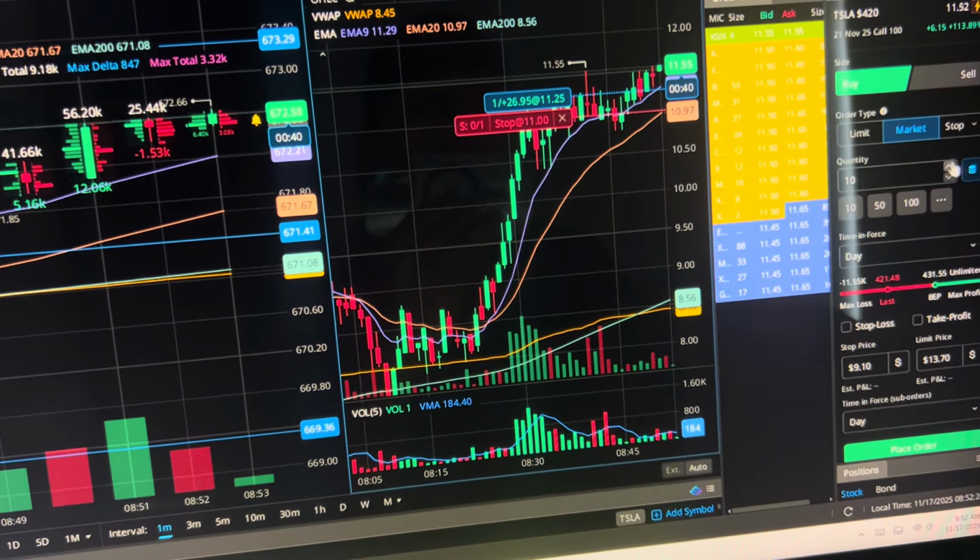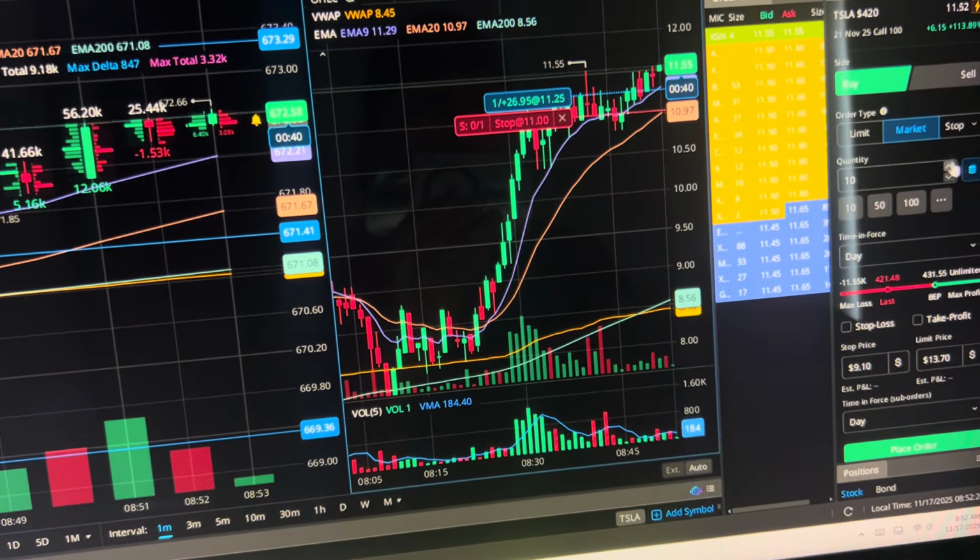So Webull integrated this candle by candle, and I really like it because it gives you insight on what it's doing, and it really tells you what is going on with this market, this price action.